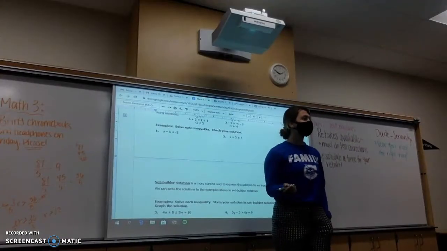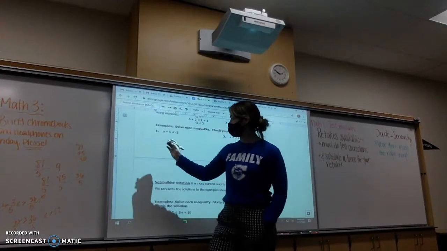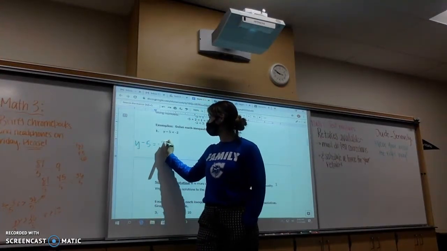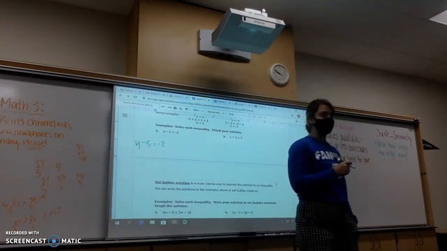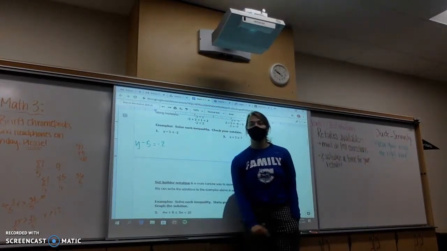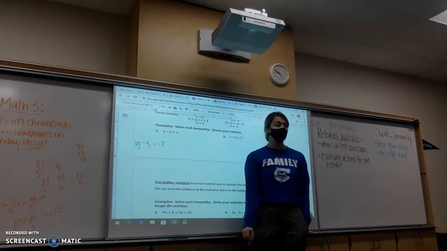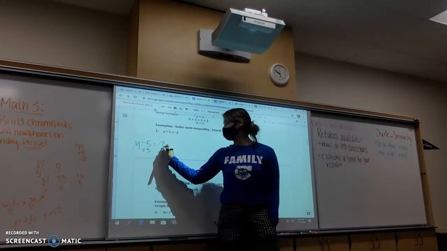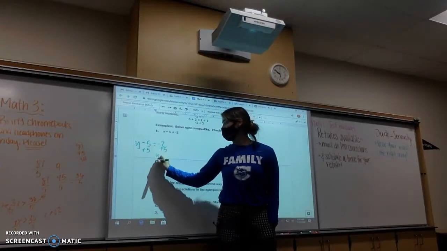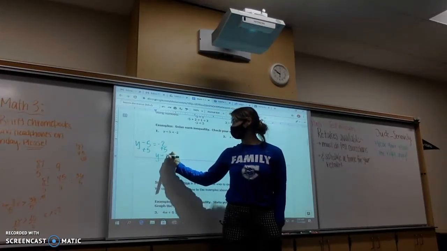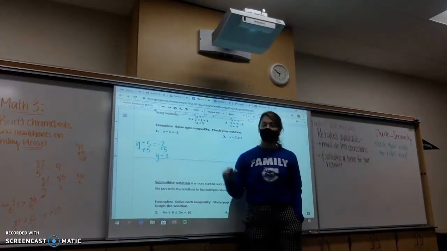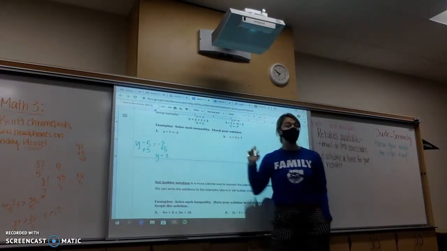All right, looking at the problem that we solved last week, we solved the problem like this. y minus 5 is equal to -2. How did I get y by itself over here? Ready? Add 5 to both sides. Add 5, you get y is equal to +3. Easy peasy, right? The same thing happens when we add and subtract in inequalities.